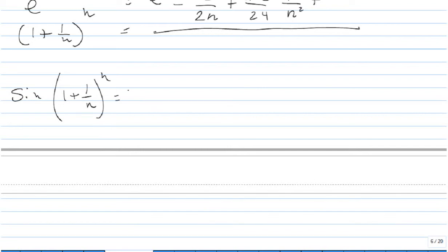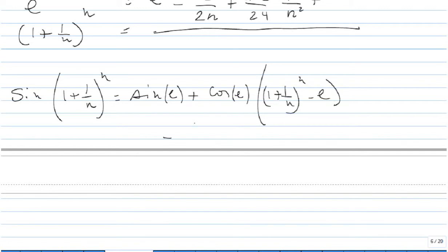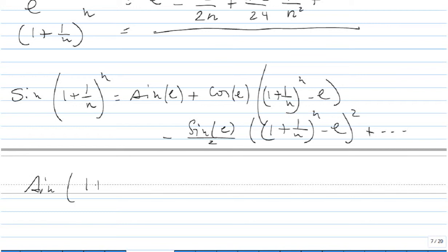So we said this is sine of e plus cosine of e, and then we have 1 plus 1 over n to the power n minus e, minus sine of e over 2 factorial times 1 plus 1 over n to the power n minus e squared, etc. So sine of 1 plus 1 over n to the power n equals sine of e plus cosine of e, and then what do we have now?